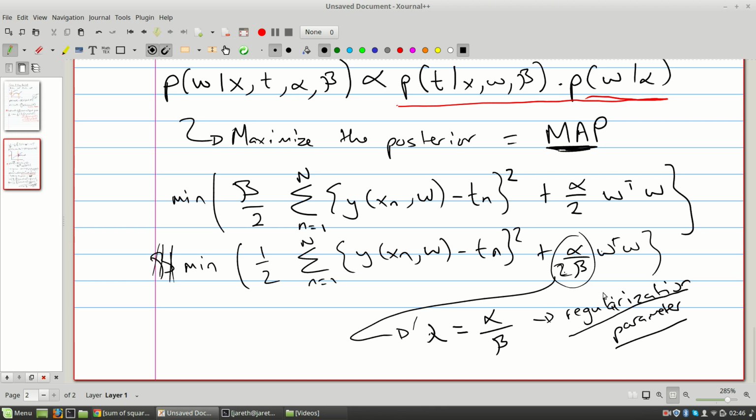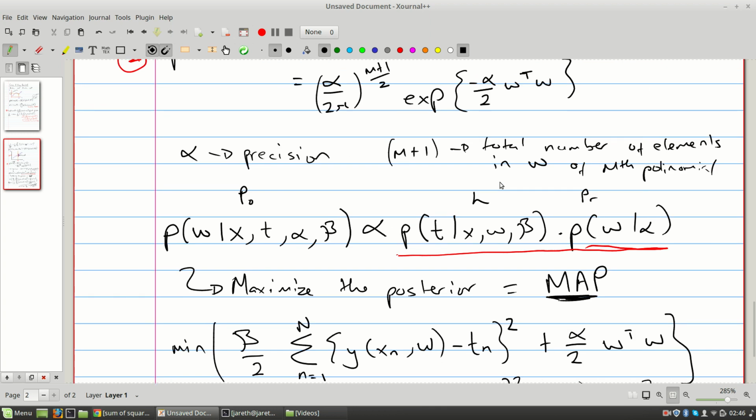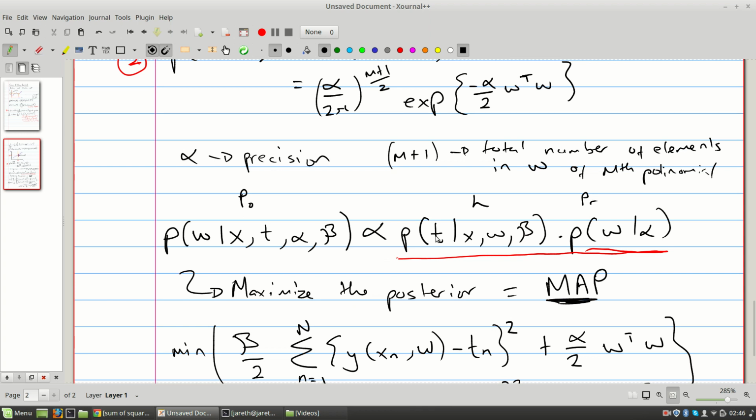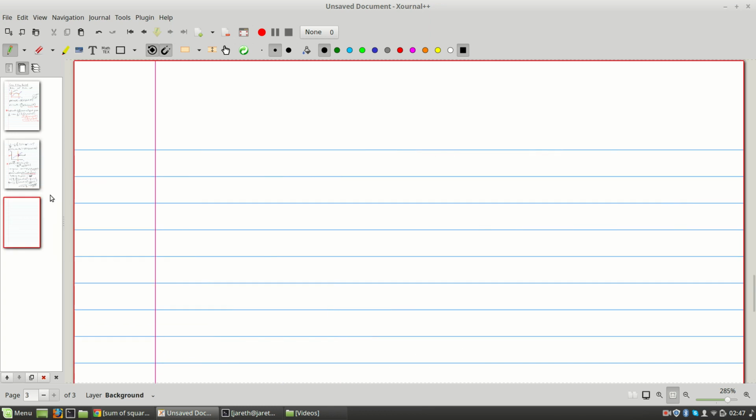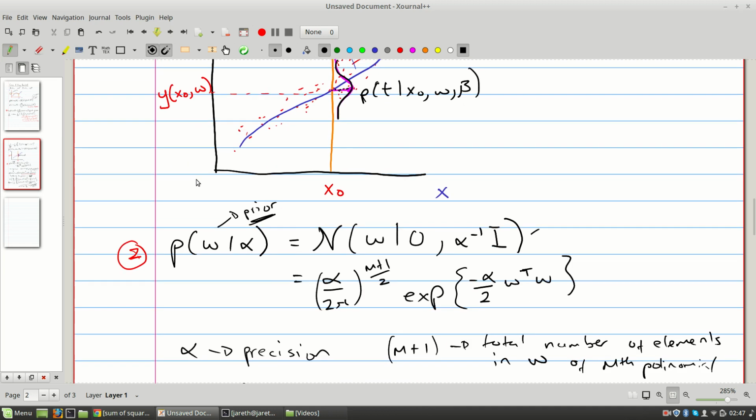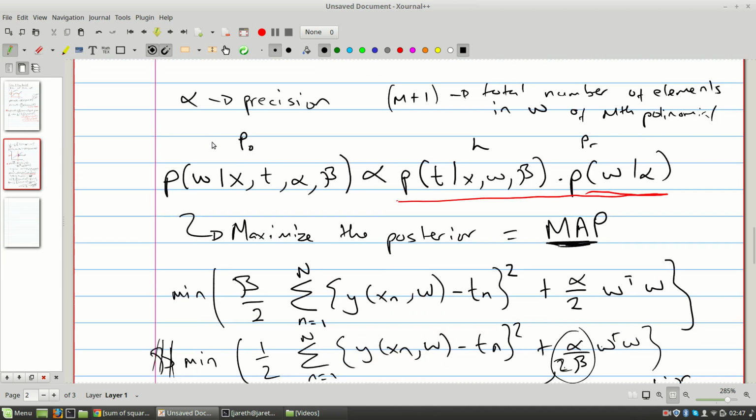We're going to discuss what those things are in future lectures, but this is just to show you how maximizing the posterior, which is essentially maximizing the product of the likelihood and the prior, ends up in us minimizing this term, which we might or might not be familiar with from basic machine learning. In any case, this should give you an idea of what it is.